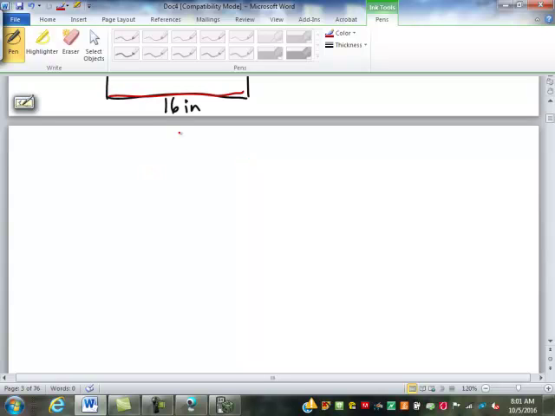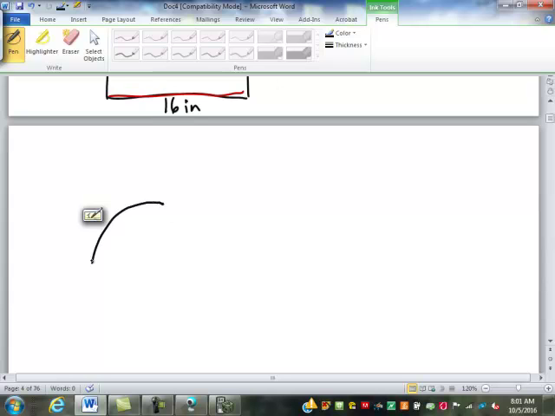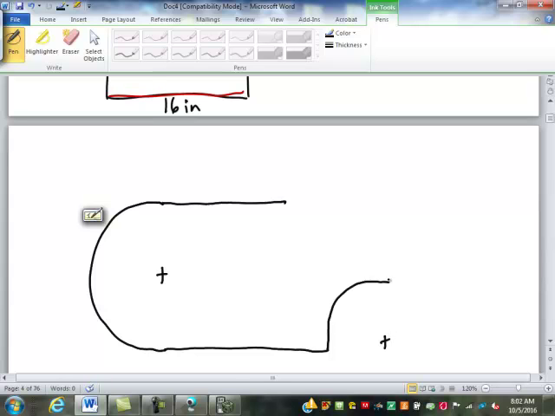So let me try something here. Let's say that piece there is 2 inches.